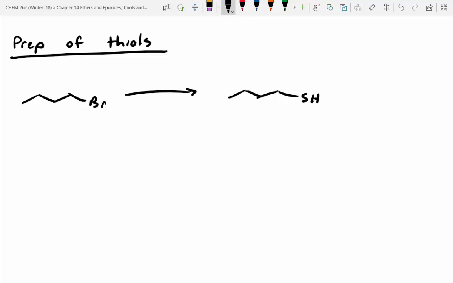This is something I could have put on your exam last term. What's that? This is SN2 chemistry, right? We've got a good leaving group. We're trying to swap it out for an SH. Do you think it's SN1 or SN2? SN2, right? Because our electrophile is primary, so I'd say SN2.